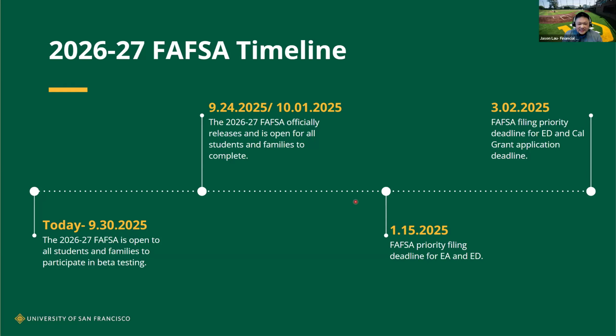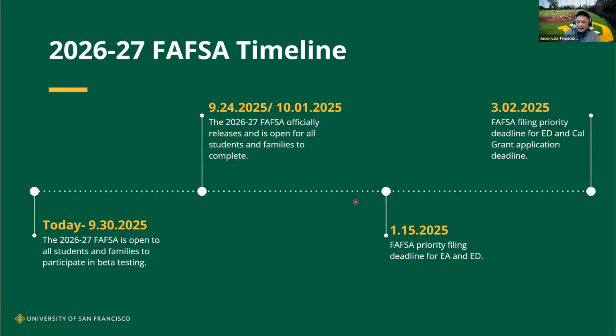It surprised many of us because the FAFSA doesn't normally release until October 1st. So as soon as this evening after this presentation, you can get started on your FAFSA if you are ready. If not, no worries, you can wait.